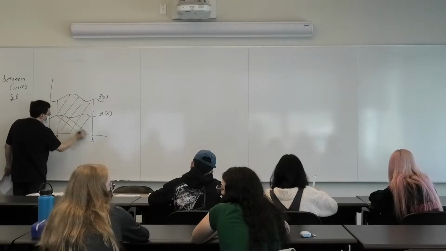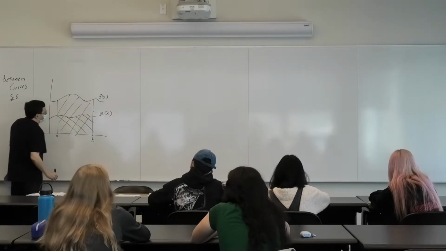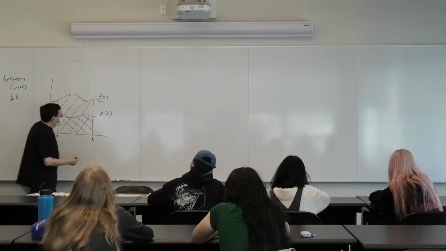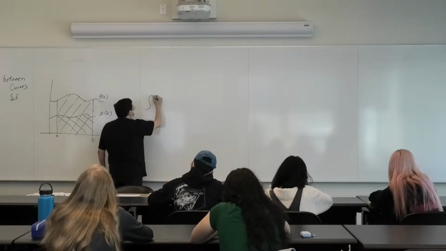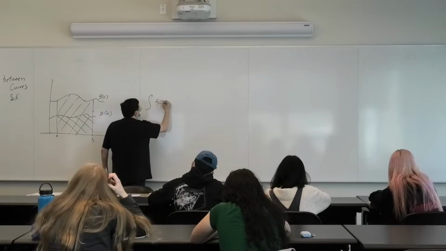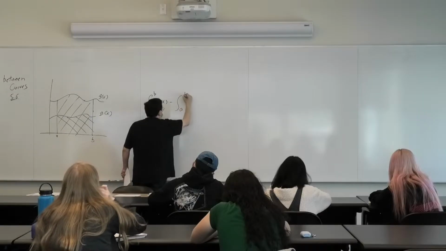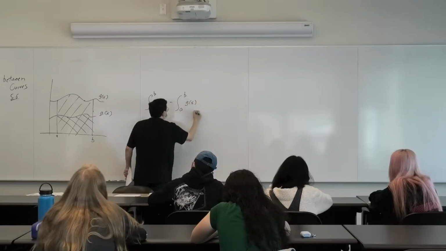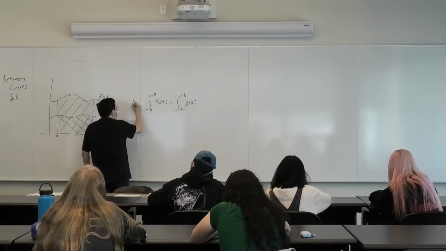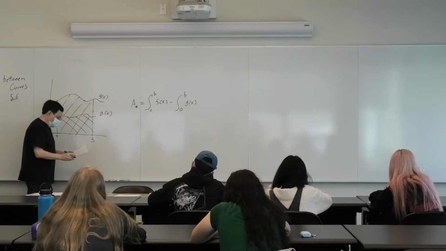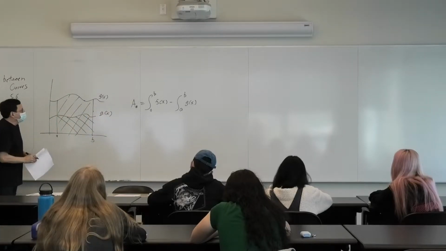G of x is down here. So if you were just to take the integral from a to b of f of x and subtract the integral from a to b of g of x, that would give you the area between. So that's pretty straightforward.